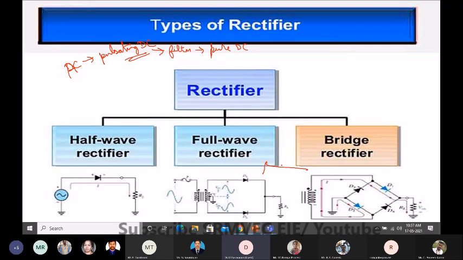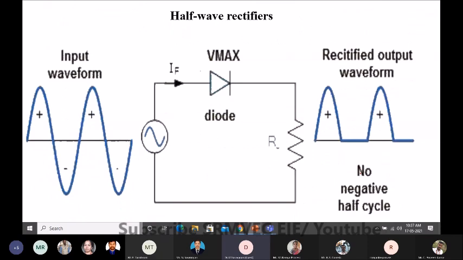This is what we call center tapping, and due to the arrangement of the diodes, the other is called a bridge rectifier. So what is a half wave rectifier? We are applying the AC input signal, and we know the diode will allow only forward bias, when it is positive. So the positive half cycle is available across your resistor, that is the load.